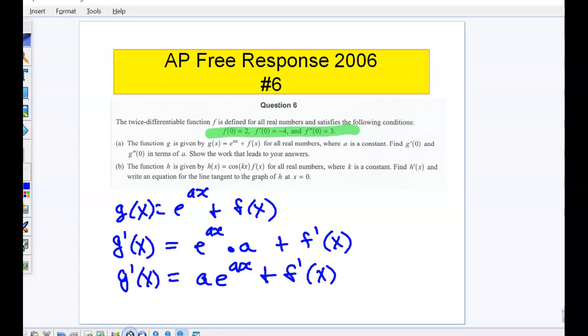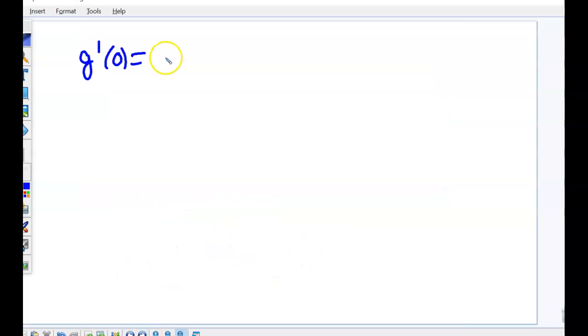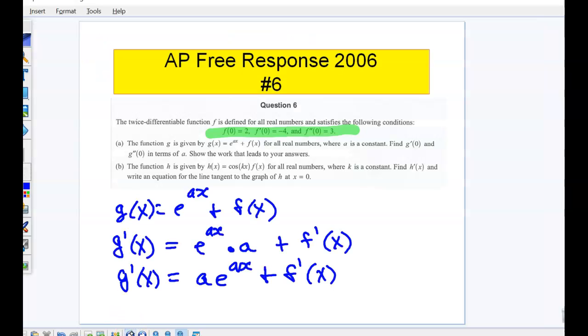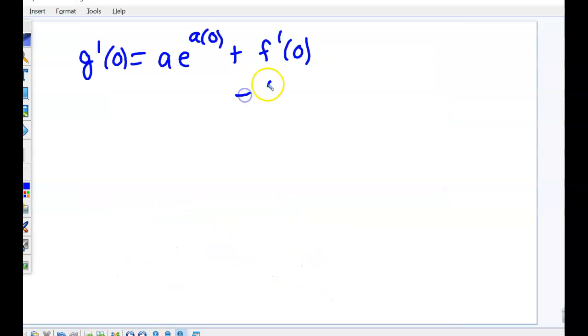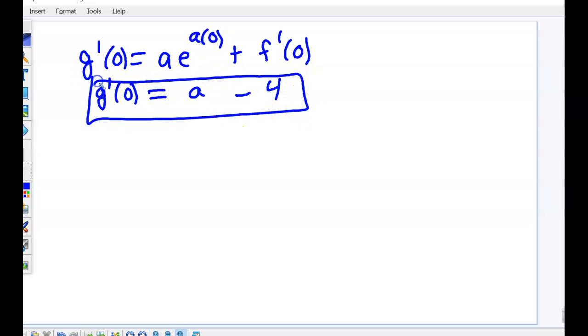So this is going to be a e to the 0 plus f prime of 0. f prime of 0 is -4, so I know this is -4. e to the 0 is going to be 1, so therefore g prime of 0 is equal to a minus 4.